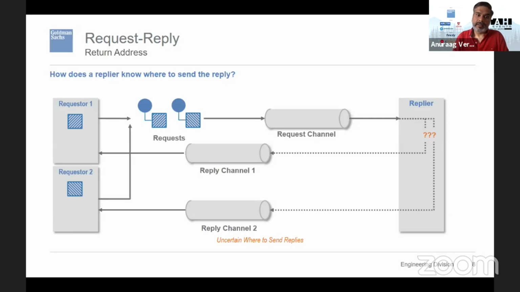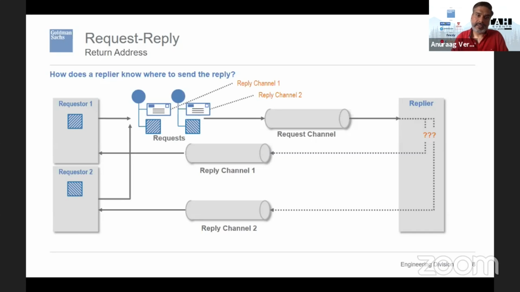So if you look for the solutions for this, your solution actually sits in how you send emails today. Your email headers have a reply-to placeholder, which basically allows the sender of the email to specify how he or she wants to receive the reply. So the same concept applies in this pattern as well.